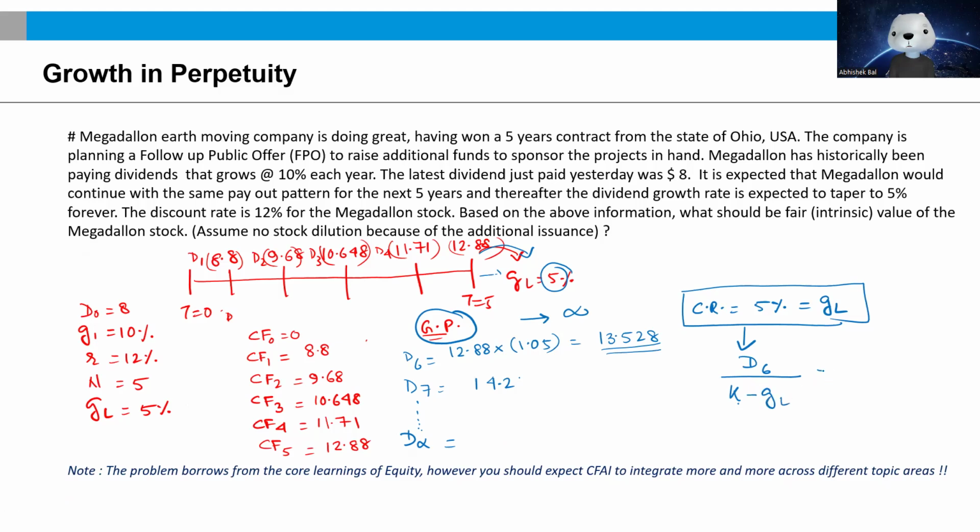Sometimes this is the same r minus g, where r happens to be the discount rate. Now, this is an extension of Gordon's equation.